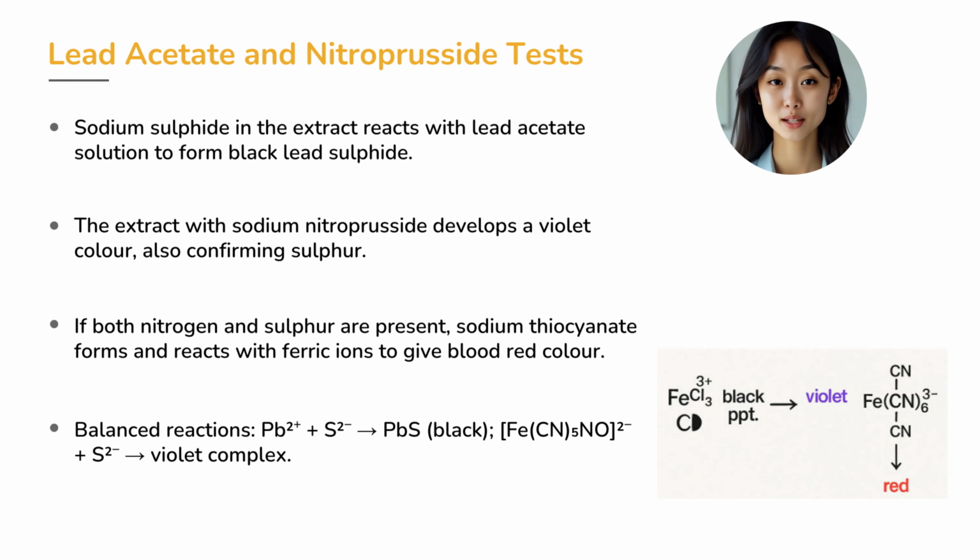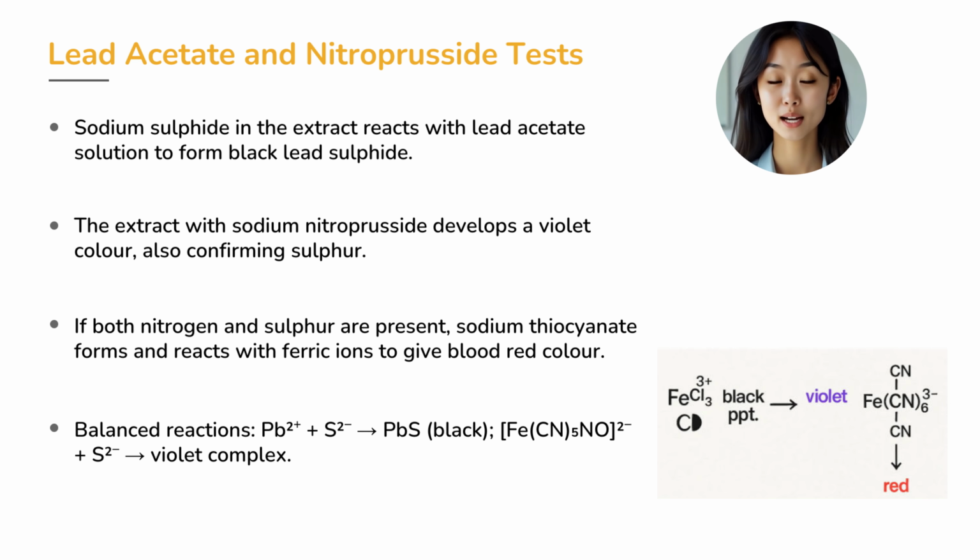Moving on to sulphur, the sodium sulfide in the extract can be detected in 2 ways. In the first method, when we add lead acetate solution, a black precipitate of lead sulfide forms, an unmistakable sign. In the second method, sodium nitroprusside solution reacts with sulfide ions to give a violet color. Now, here's a twist. If both nitrogen and sulfur are present in the same compound, the fusion produces sodium thiocyanate.